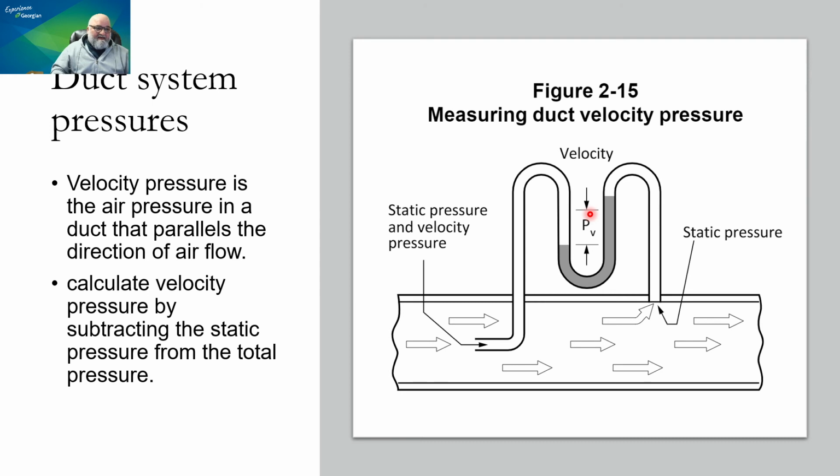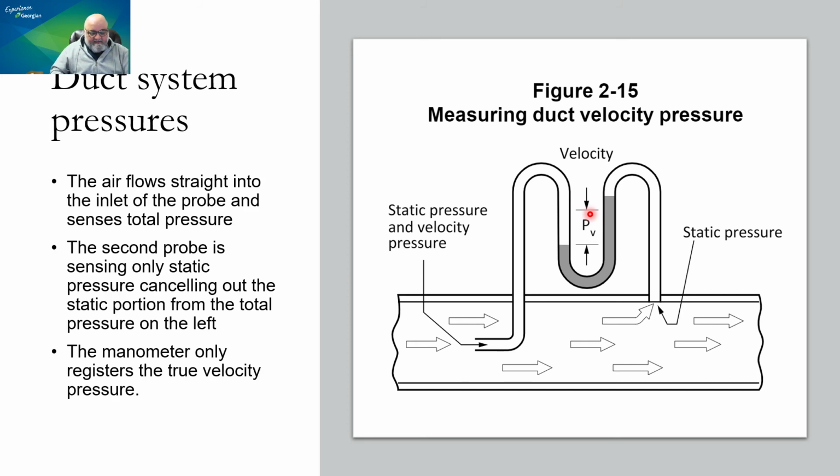You're measuring it indirectly, but you are measuring it. Here's the thing. The air flows straight into the inlet of the probe and senses total pressure. The second probe is sensing only static pressure, canceling out the static portion from the total pressure. The manometer only registers the true velocity pressure. We get that?